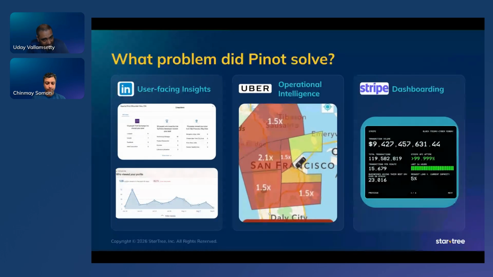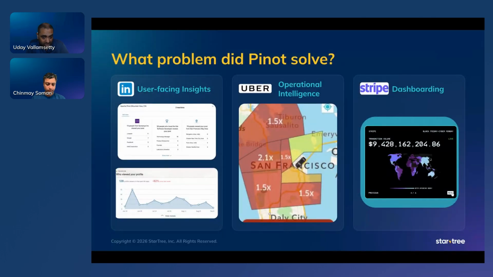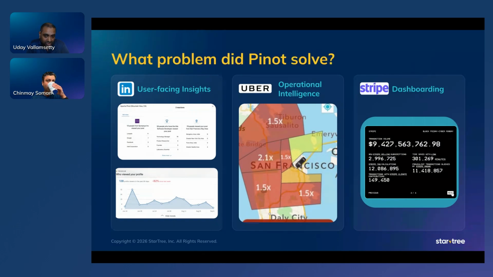So Pinot, like I said, was created at LinkedIn, and one of the first use cases that Pinot was built for was the Who Viewed My Profile app that LinkedIn has, and that's one of the things that really propelled LinkedIn's adoption. They gamified the entire professional network landscape by allowing people to see who is actually interested in them.